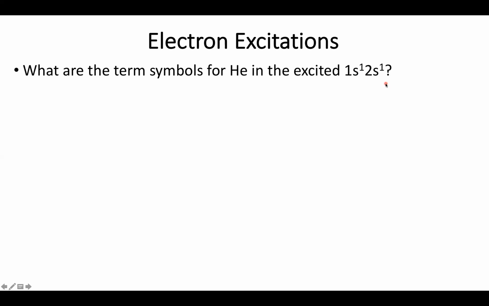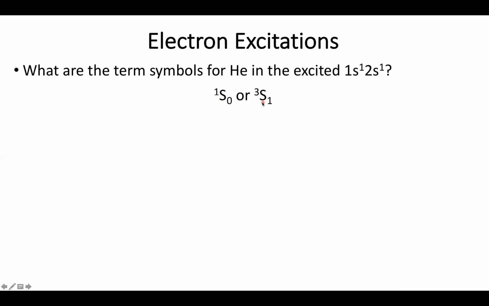So this gives me an S state. Now, this means I can either be in a singlet, where the two electrons are pointed against each other, or I can be in a triplet state where they're aligned together. And again, because L equals 0, J has to equal S. So in this case, I can have a singlet S or a triplet S state.